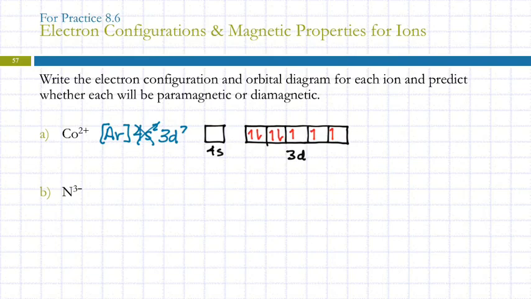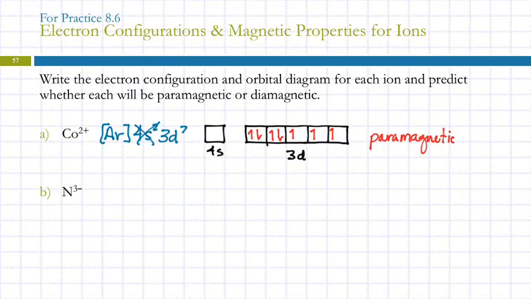Paramagnetic. They're not going 2 by 2. Diamagnetic. So this is paramagnetic. This would be attracted to a magnetic field, because moving charges generate magnetic fields. These electrons aren't paired up with another electron of an opposite spin.